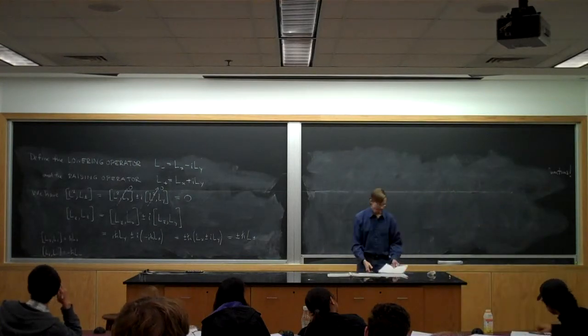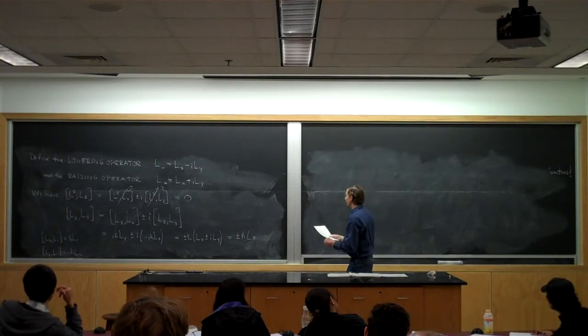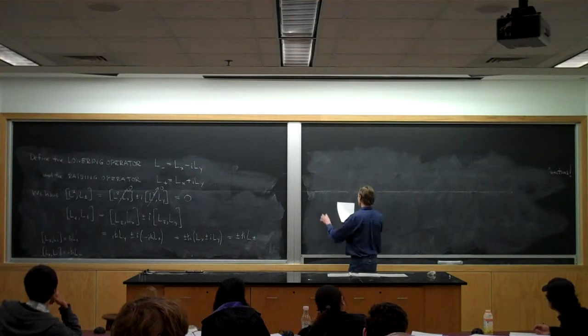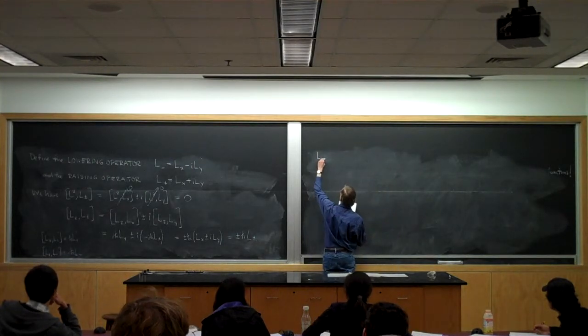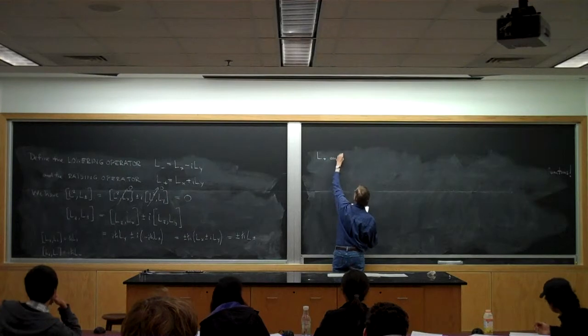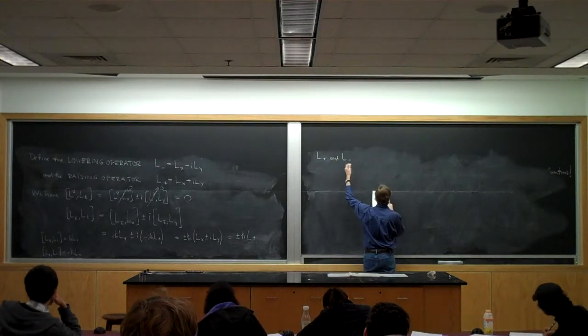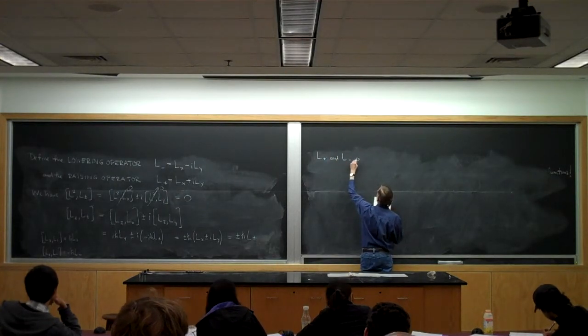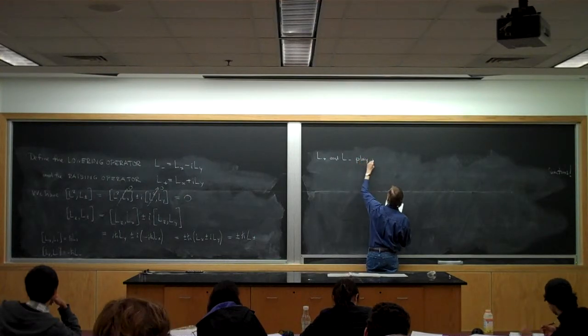All right. Well, what does that physics tell us? That tells us a lot. Because what it says is that, as we'll see, L plus and L minus play roles similar, as we mentioned, to A plus and A minus for the harmonic oscillator.